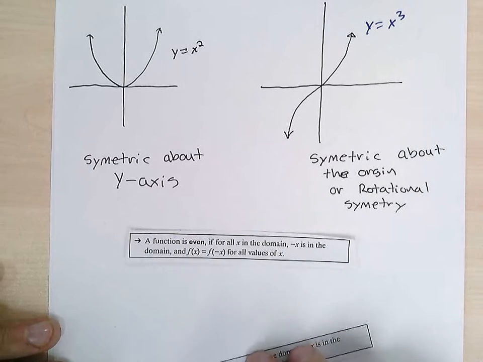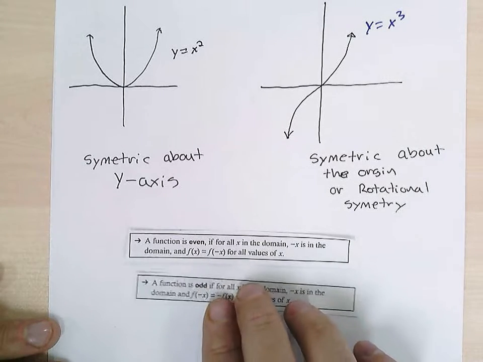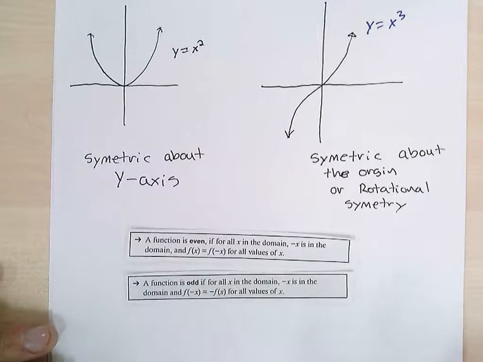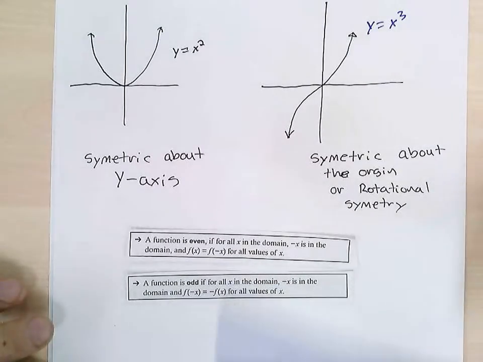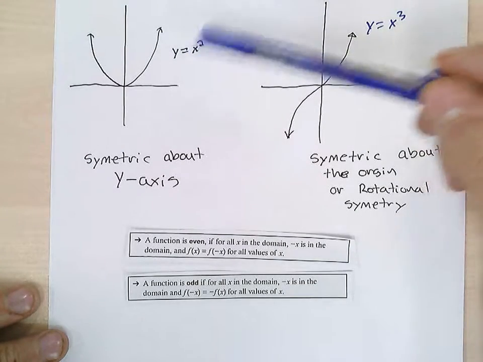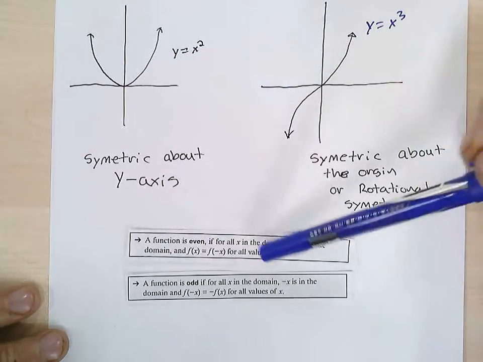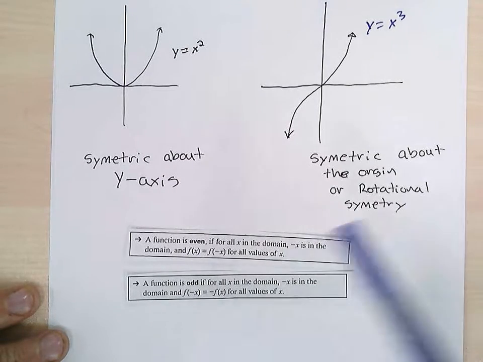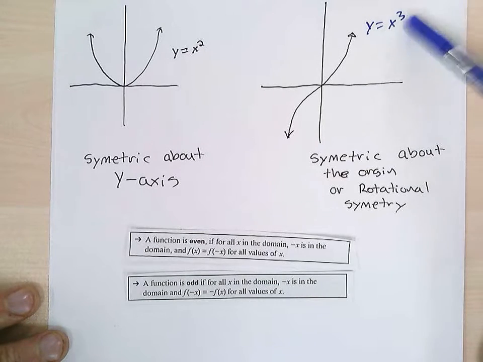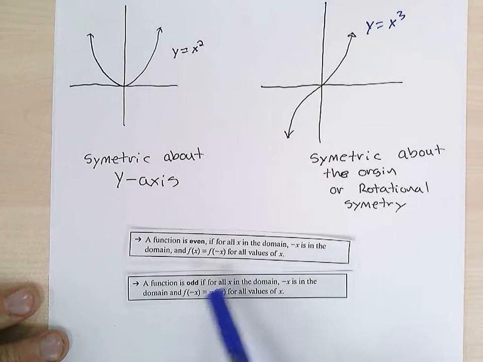Now, odd functions, when we plug in the negative x, f of negative x equals the negative of f of x. And that's what even and odd functions will look like. And you can see, let's check even up here. If I put a negative x squared in, negative x squared is just x squared. I get the same function, hence even. And if I put a negative x in here, a negative x cubed is a negative x cubed, so I get the opposite of that, and that's an odd function. And you can see how that works.